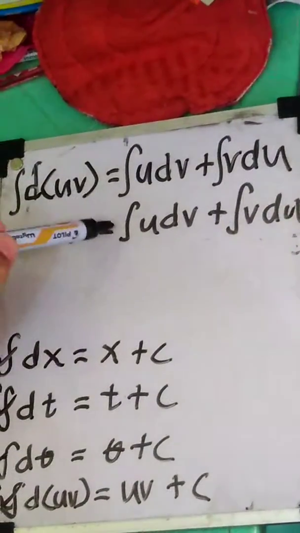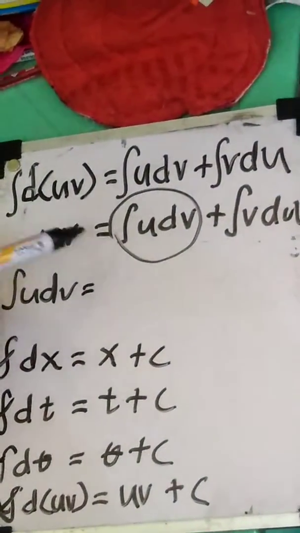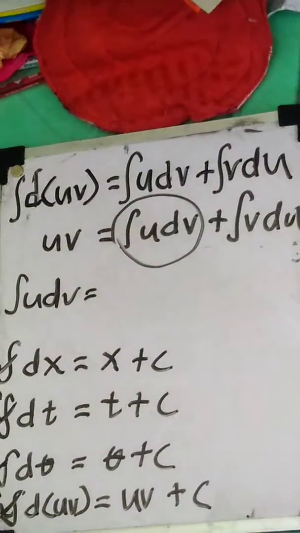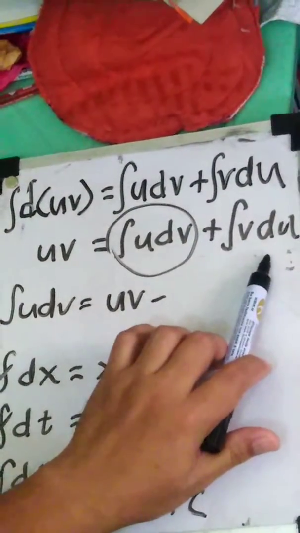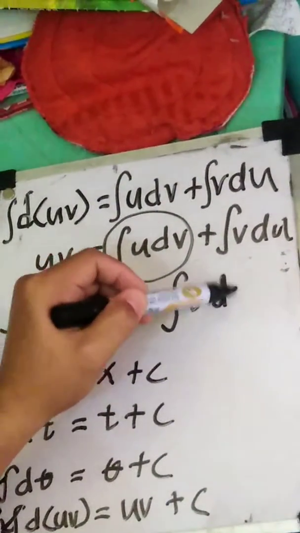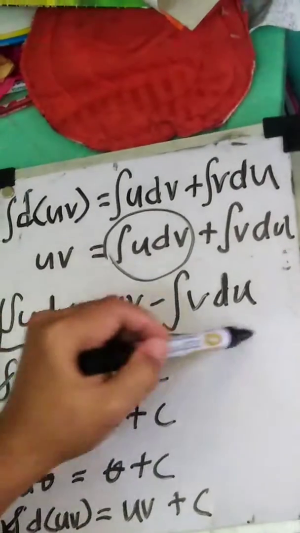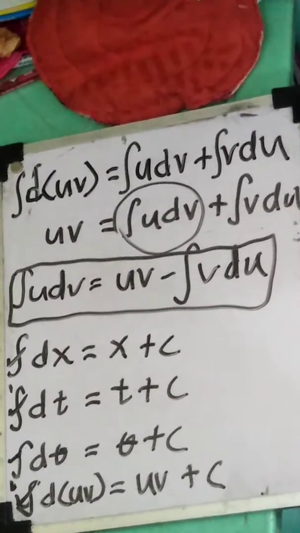Now, to solve for integral of u dv, we transpose integral of v du to the other side. This formula is what we call integration by parts. Suppose, for example, integral of x sine x dx. First, we select the value of u and dv.